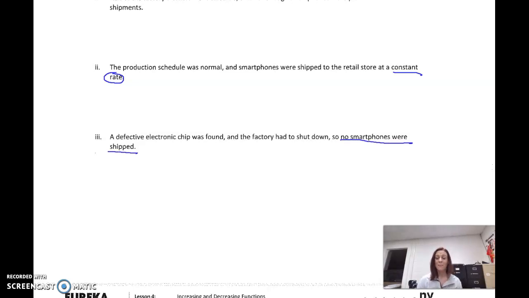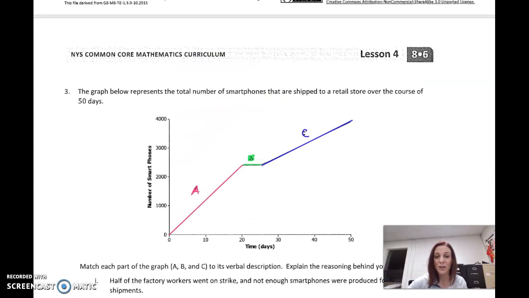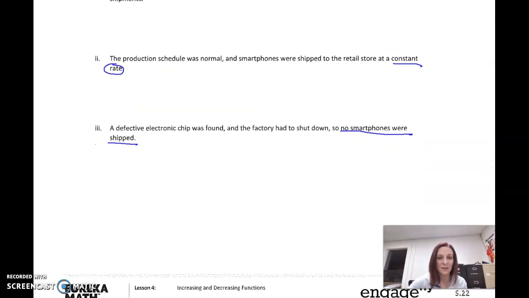I'm going to start there because time is still going to be going on, okay? But no smartphones being shipped means things are going to stay the same. So to me, what that tells me is that part right there is going to go with B. Okay? Because notice from here to here, days are moving on, but the number of smartphones is not going up or down. Okay, so I am going to put that right here.